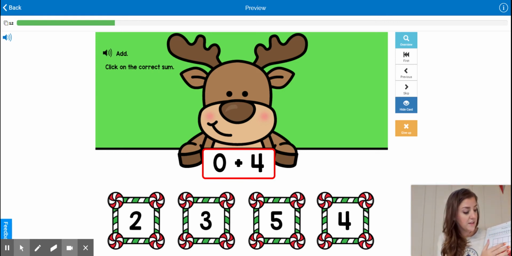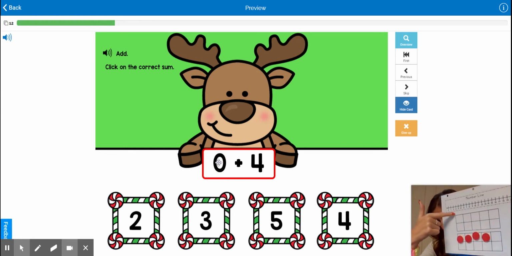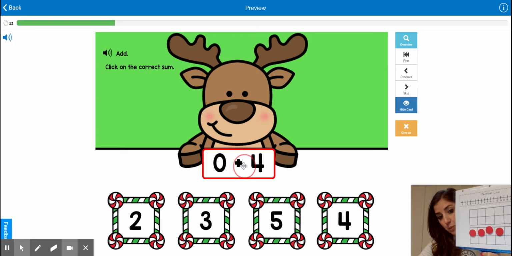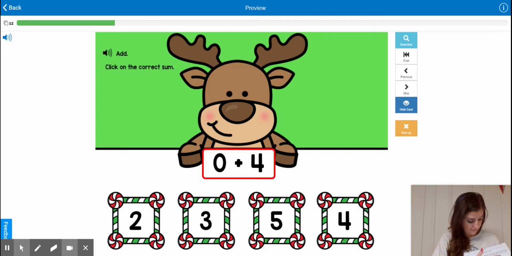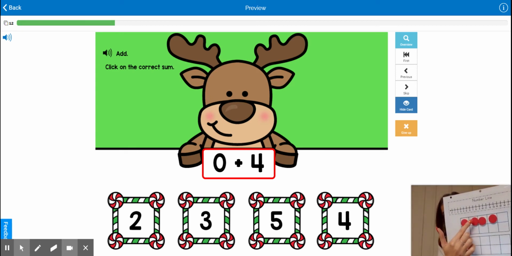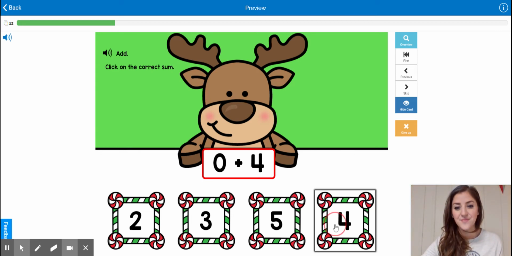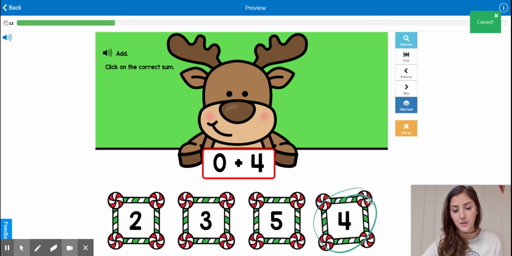Another way of viewing this is to say, I have one group with 0. I'm going to put it together with a group of 4. How many do I have? 1, 2, 3, 4. And here's our number 4. So 0 plus 4 equals 4.